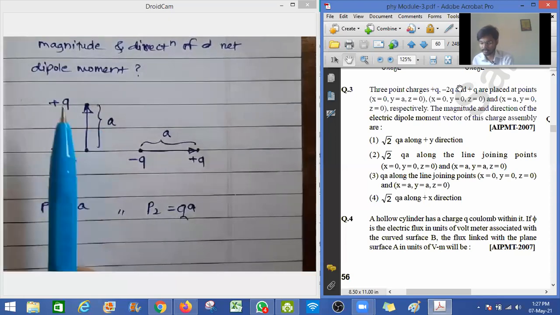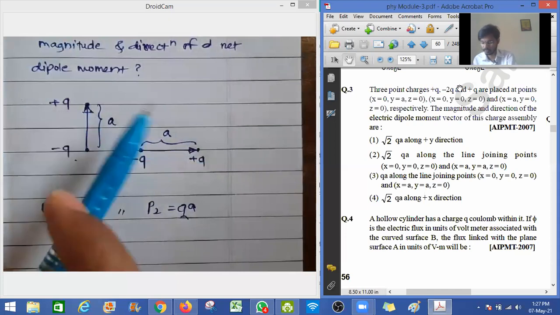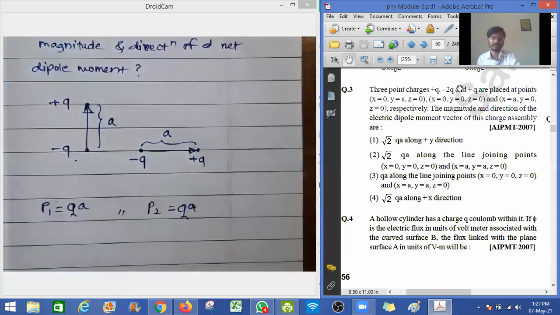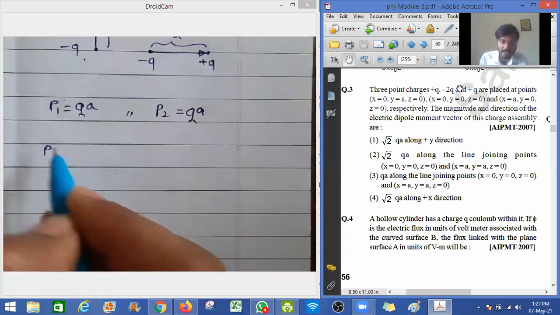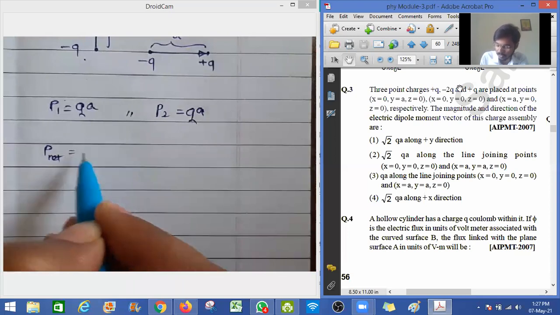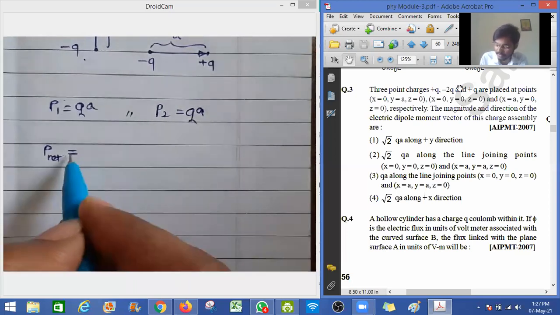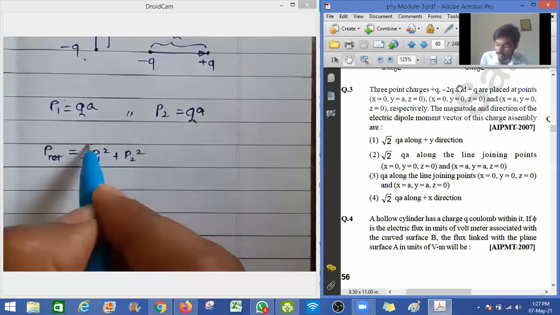आता मला सांगा, एक वेक्टर असा आहे, दुसरा वेक्टर असा आहे, दोघांमध्ये अँगल 90 आहे. If there are two vectors, and if the angle between them is 90, then what is the resultant? नेट डायपोल मोमेंट काय येणार? दोन वेक्टर मधला अँगल जर 90 असेल तर अंडर रूट पहिल्या वेक्टरचा स्क्वेअर प्लस दुसऱ्या वेक्टरचा स्क्वेअर.